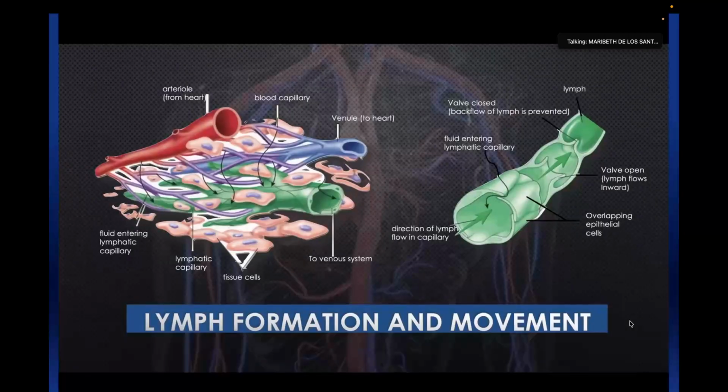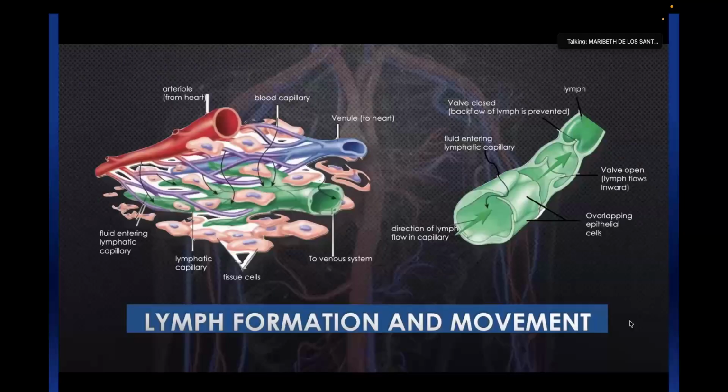Just a few words on the formation and movement of lymph. So on your right, we have the lymphangion. We have the one-way valve. Because of the overlapping epithelial cells, when the valve is closed, backflow of lymph is prevented. When the valve is open, lymph flows inward.